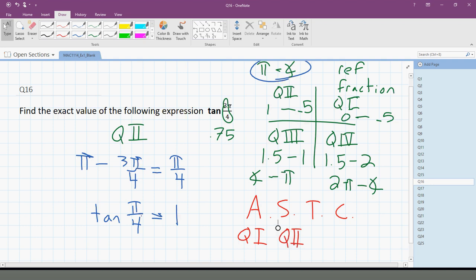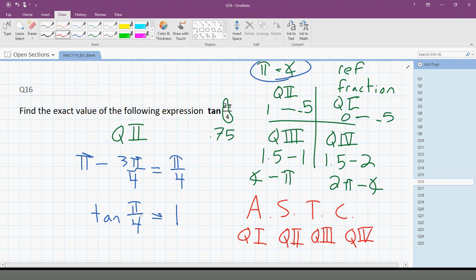That means in quadrant 2, sine and cosecant are the only positive ones. The T is for quadrant 3. And the T means that tangent and its reciprocal, cotangent, are the only ones that are positive. And then the C is for quadrant 4, meaning that cosine and its reciprocal, secant, are the only ones that are positive.